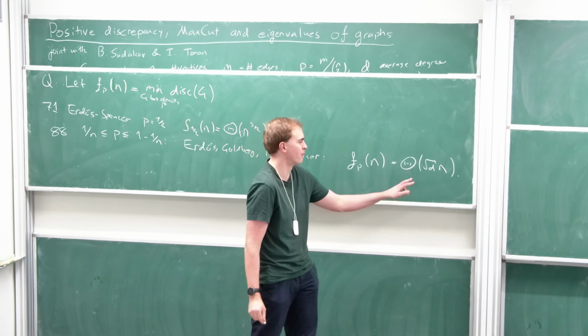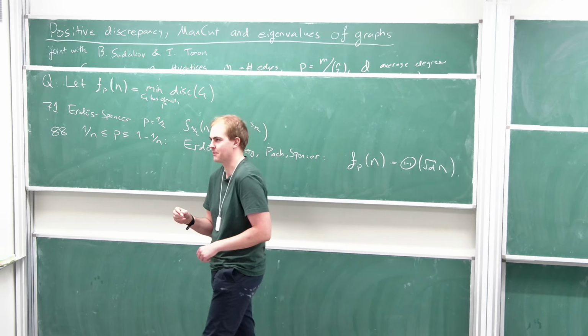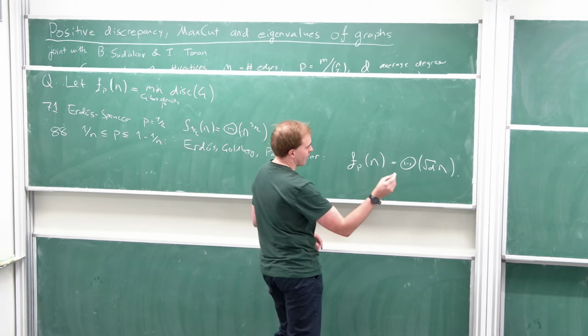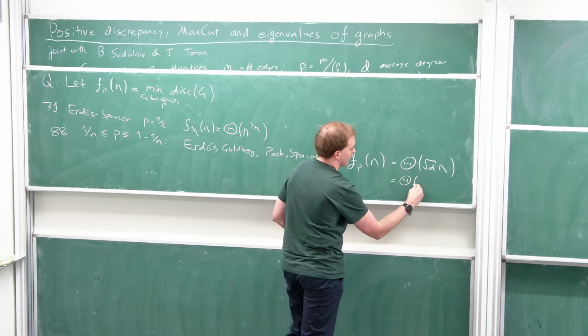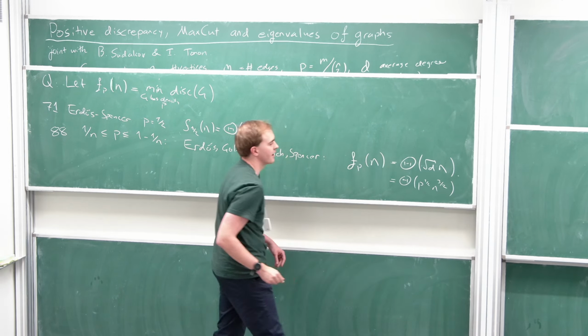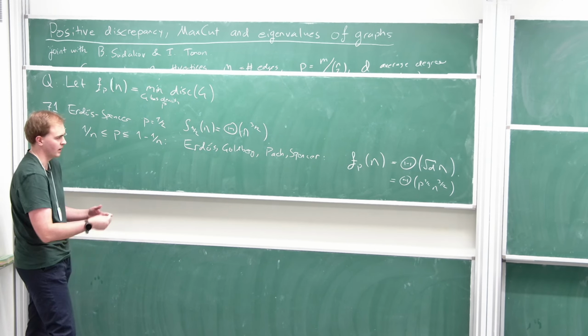So I'd rather write root dn than root p times n to the 3/2. Let me remind you that this is really a function of p and n in this way.